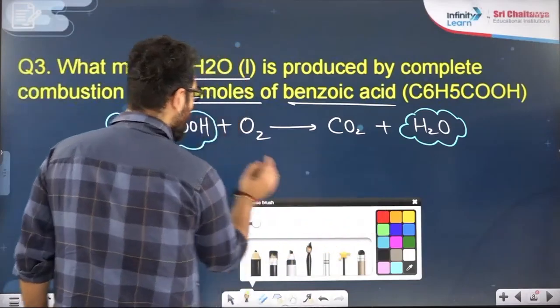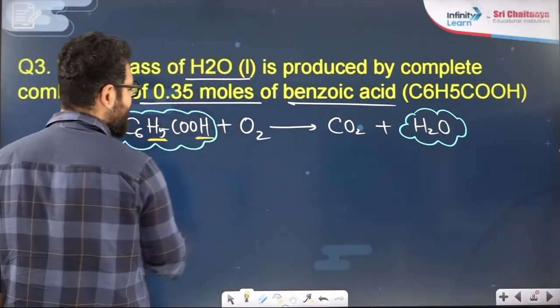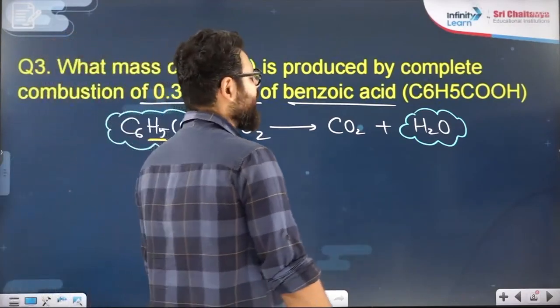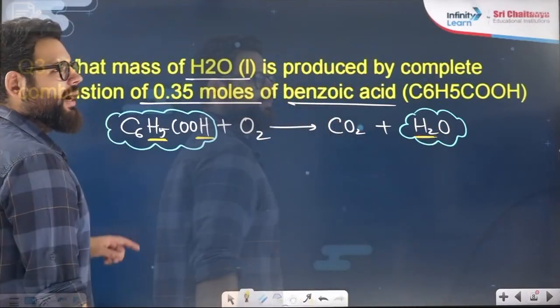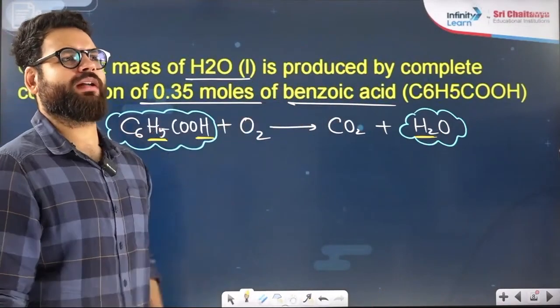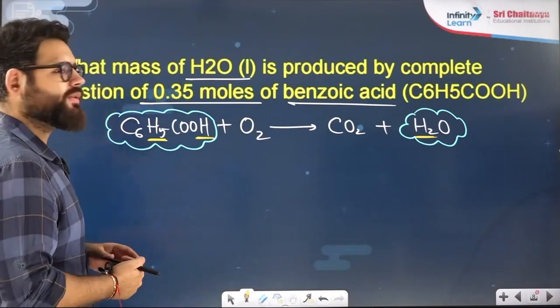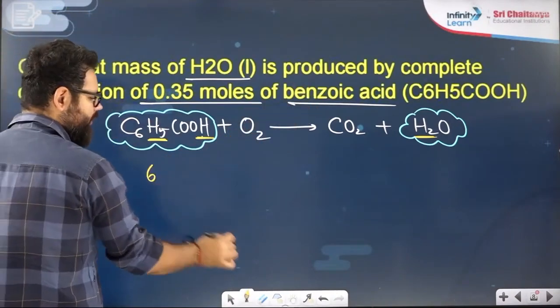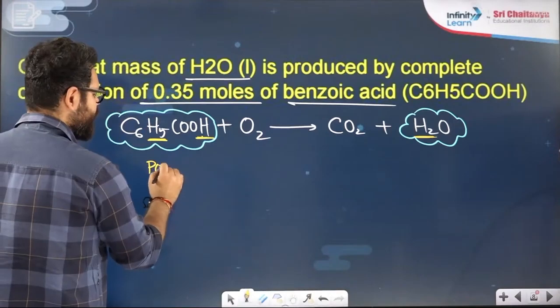All the hydrogen on the left hand side is present in this compound. Same way, all the hydrogen on the right hand side is present in water. How many hydrogens are there in C6H5COOH? Tell me. In benzoic acid, how many hydrogens are there? 6. Yes. 6.